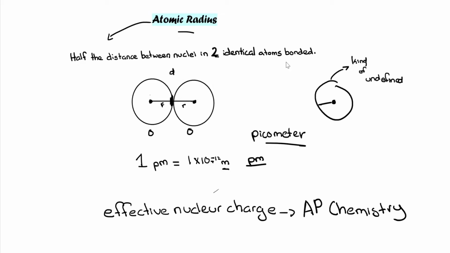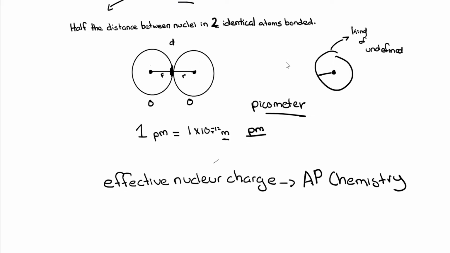All right, and before we look at the periodic trends for atomic radius, we need to explore one more concept, effective nuclear charge, which, as I mentioned in the previous video, is essential to AP chemistry. It is the net positive charge experienced by electrons, typically valence electrons.